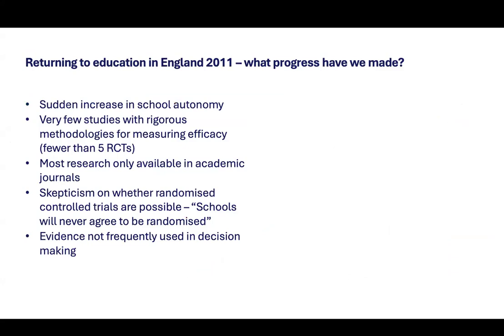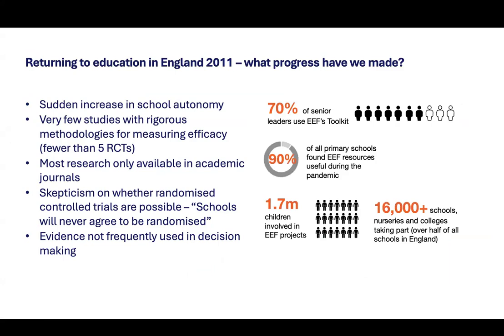And then finally, just returning to those challenges in England that I talked about at the start of the presentation. Now, I'm not going to claim we've solved all of them, but we are beginning to make really good progress.